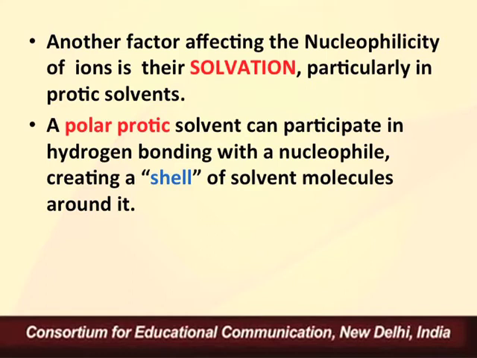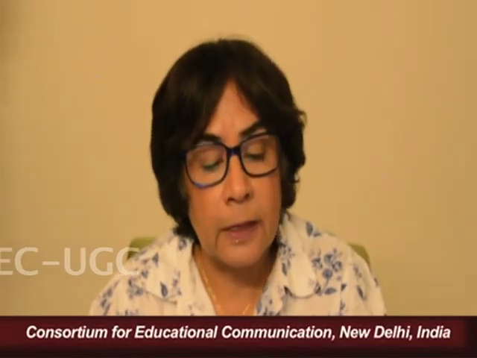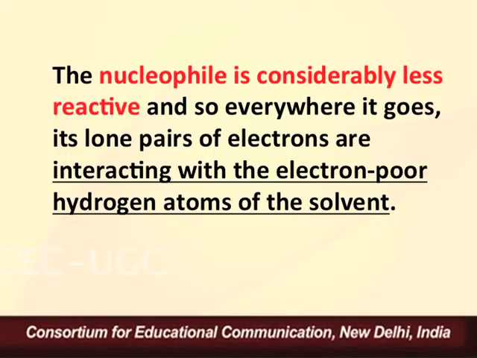A polar protic solvent can participate, as I've already said, in hydrogen bonding with a nucleophile, creating a shell of solvent molecules around it, hence stabilizing it and decreasing its nucleophilicity. The nucleophile is considerably less reactive, as wherever it goes, its lone pair of electrons are interacting with the electron-poor hydrogen atoms of the solvent.